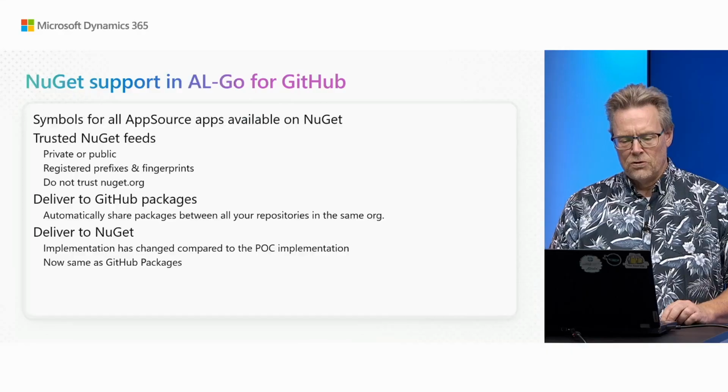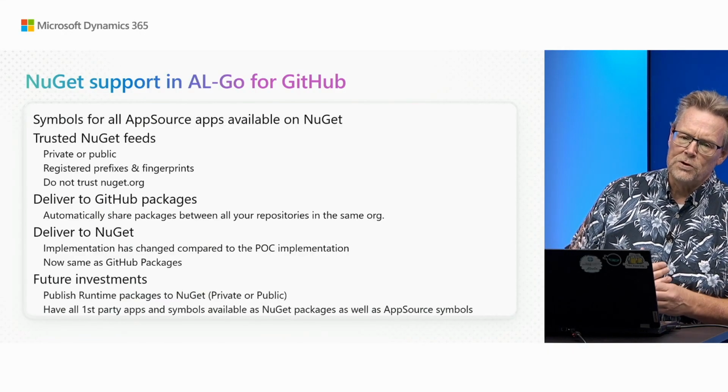The agreed upon NuGet format for Business Central apps does not include multiple apps in one package. Instead, every single app has one package, and then you have the full list of dependencies in NuGet packages as well. I had a session at Tech Days with Camille, where we talked about the format in detail, and I recommend that you look at that if you want to see the details of how these NuGet packages should work.